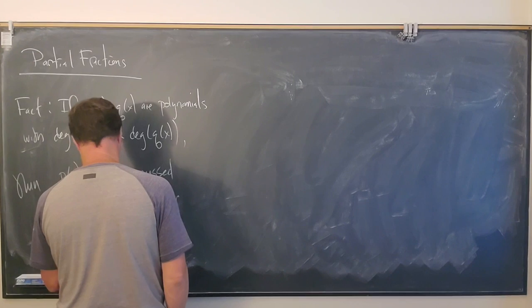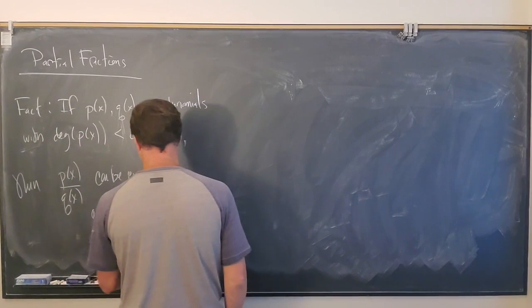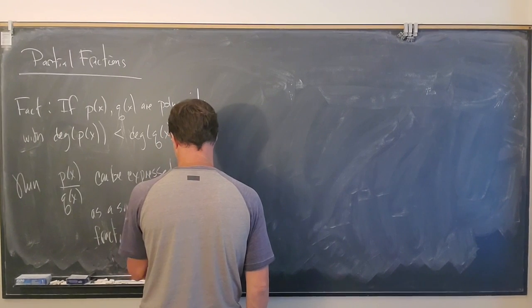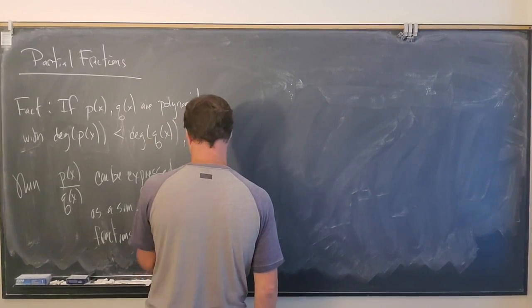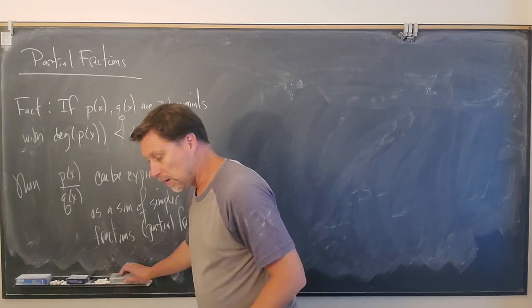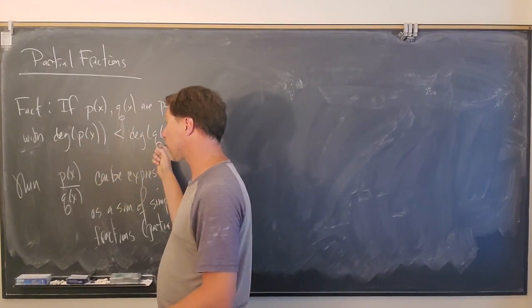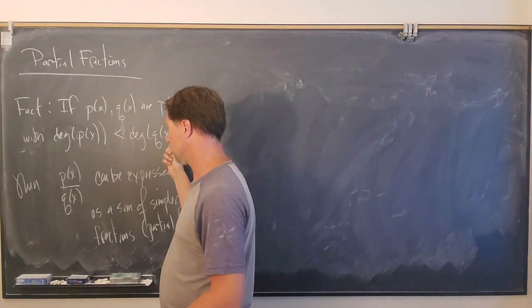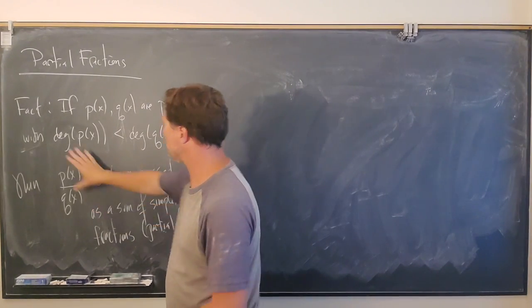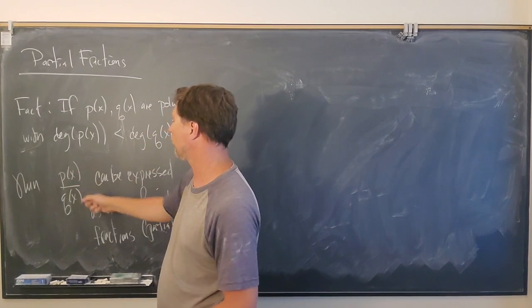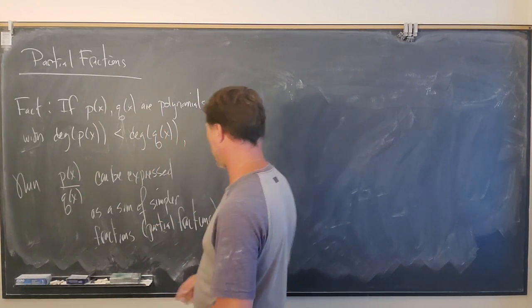These are called partial fractions. So if we have polynomial over polynomial where the degree of the numerator is strictly smaller than the degree of the denominator, then we can re-express this, which is called a rational function, as a sum of simpler fractions.